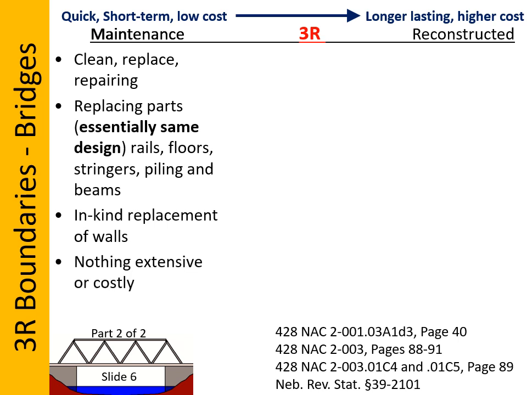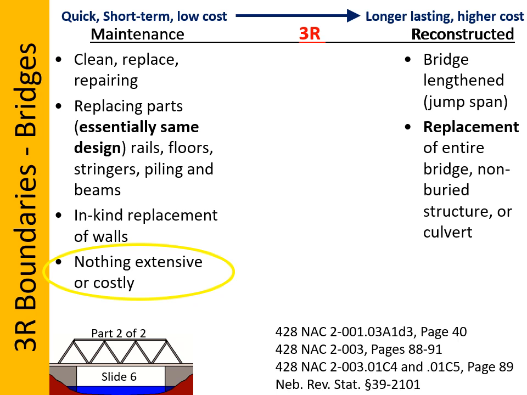Note the phrase, nothing extensive or costly, per 428 NAC Chapter 2, Section 3, subsection 1C5 on page 89. It is subjective but essentially prevents a structure from being rebuilt without being brought up to standards.